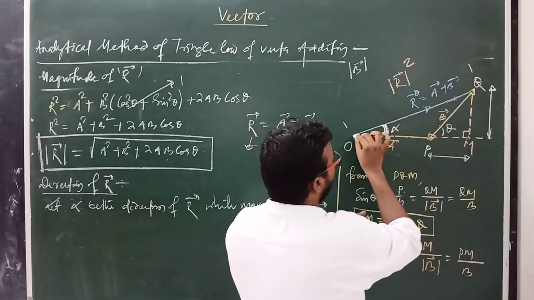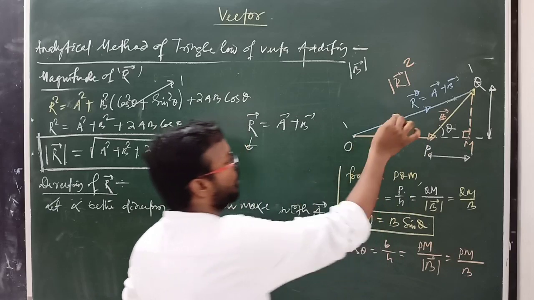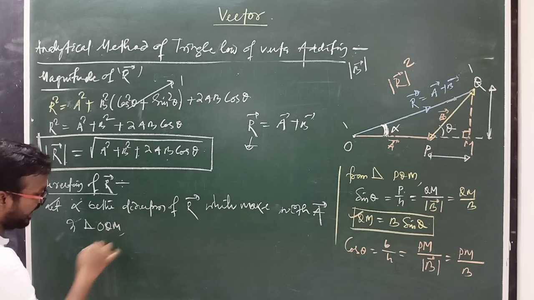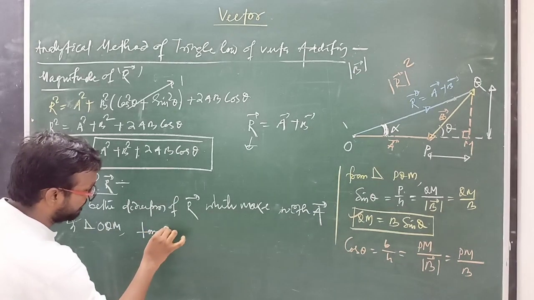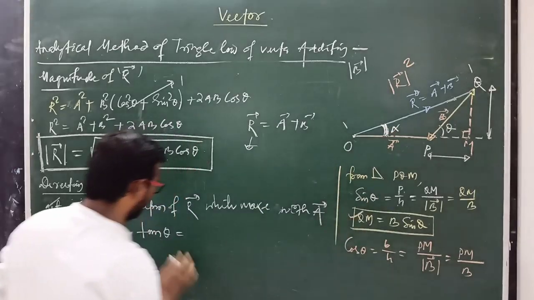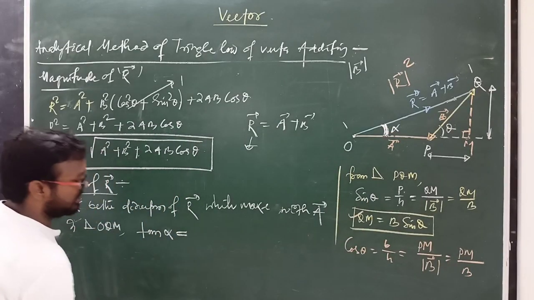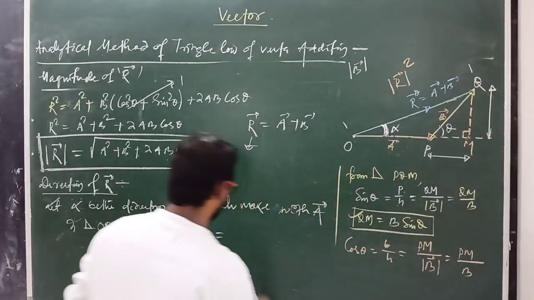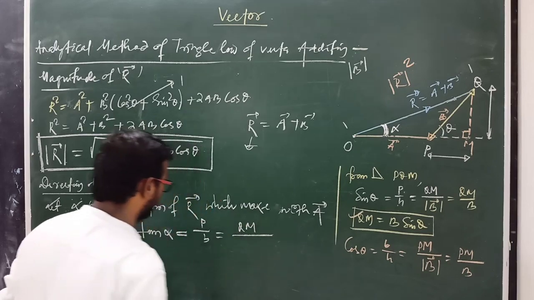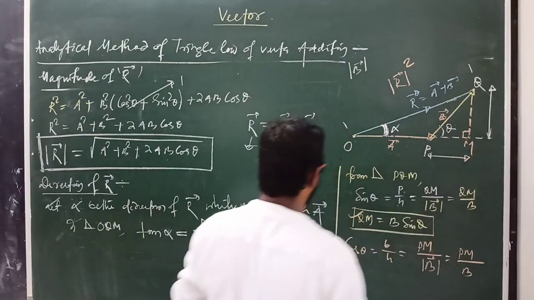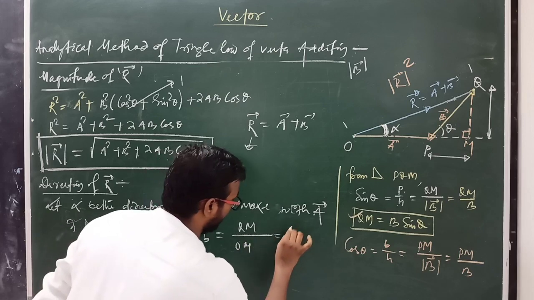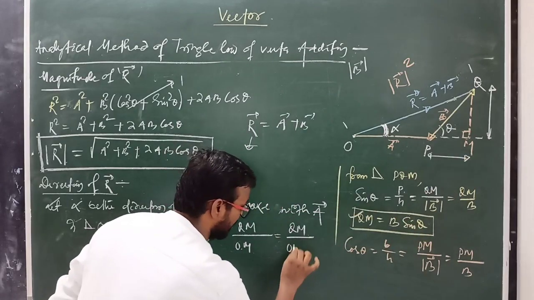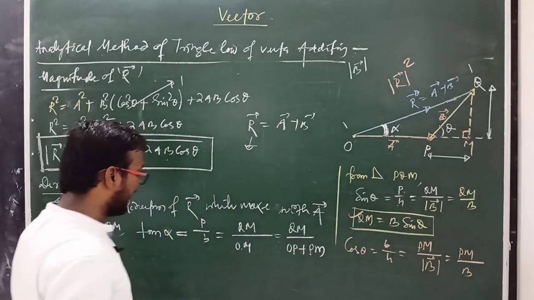There is a right angle triangle OQM. So in right angle triangle OQM, this angle is alpha, tan alpha is equal to perpendicular upon base, and perpendicular is here QM divided by base OM. So QM divided by OM, and OM can be written OP plus PM, only magnitude.